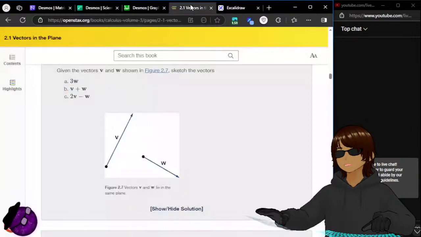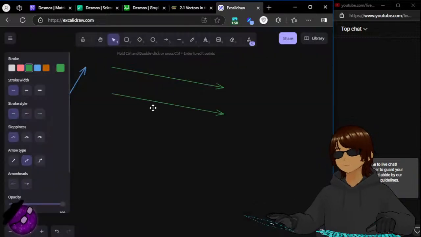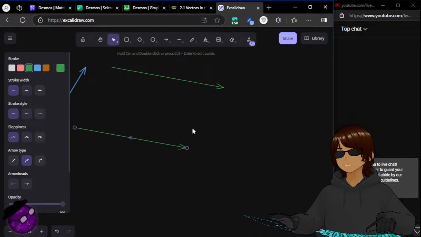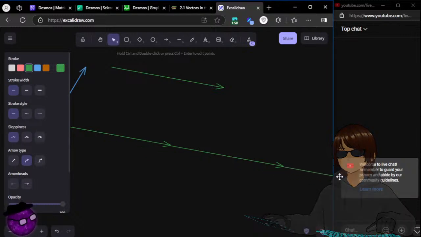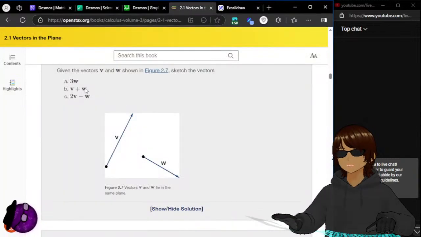Right, so they're asking for 3w. Basically this would be extended 3 times. But I don't know if it would fit. Imagine one vector going from here all the way to there. Then v plus w.